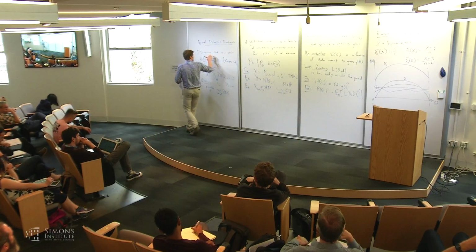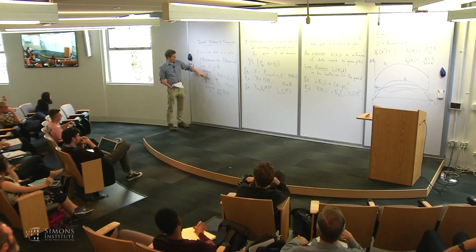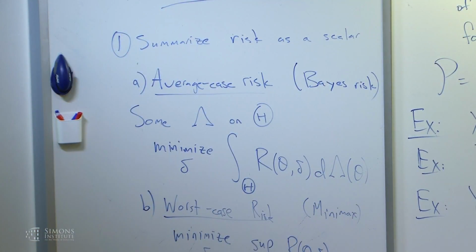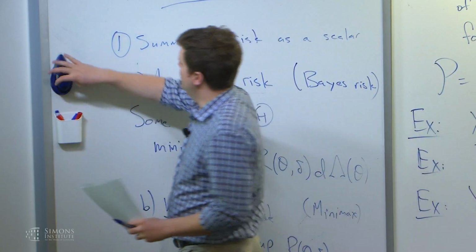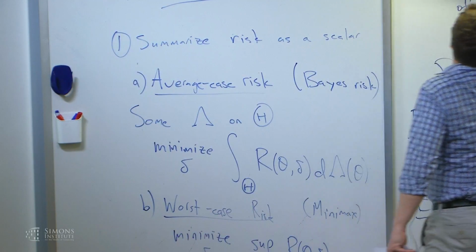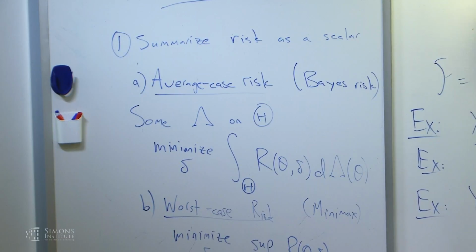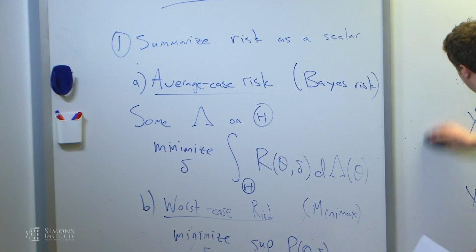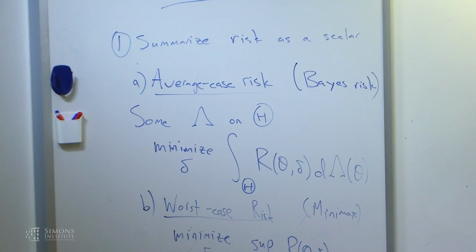So, okay, we can summarize the risk as a scalar, and then we get the average case risk or the worst case risk, Bayes and minimax. And a third way that people have tried to break this ambiguity is by putting some kind of constraint on the set of estimators that we can choose.